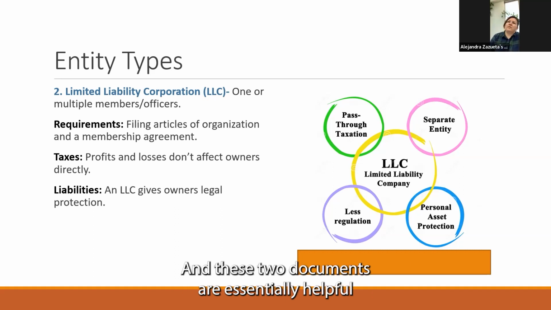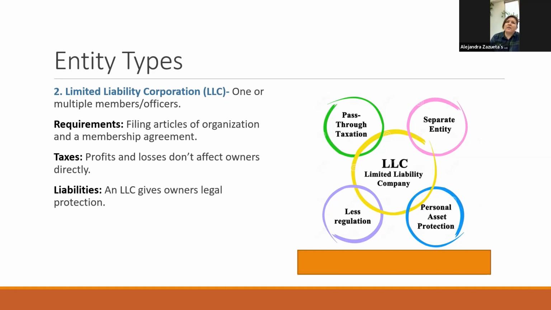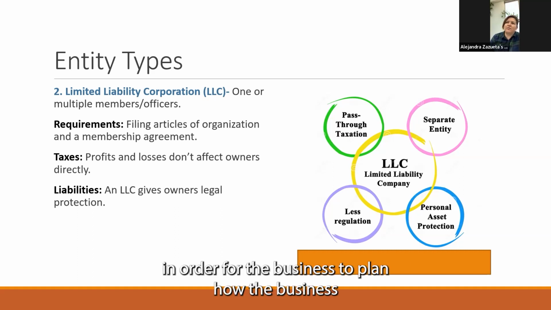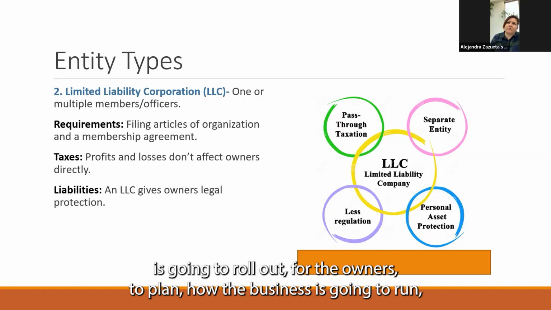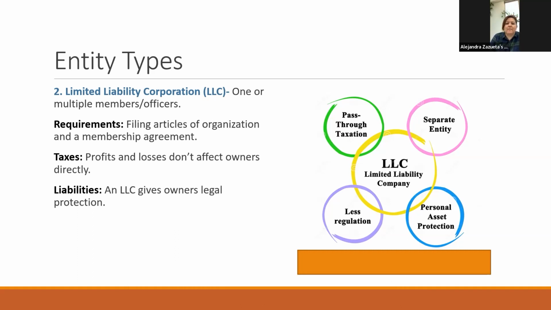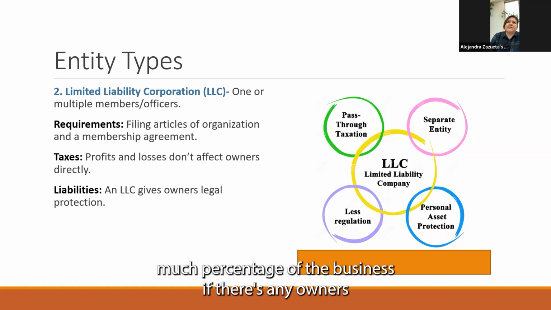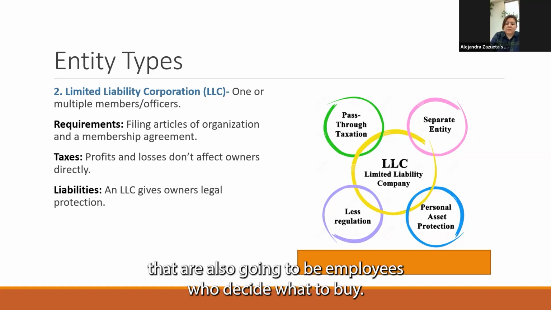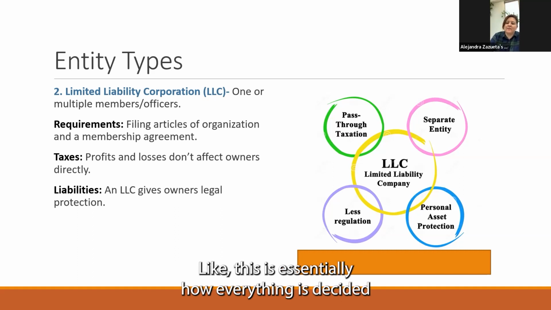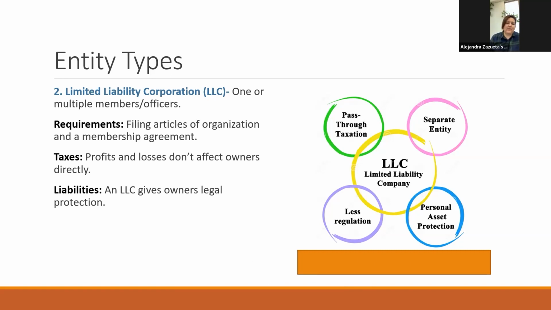These two documents are helpful for the owners to plan how the business is going to run, who has what percentage of the business, if any owners are also going to be employees, and who decides what to buy. This is essentially how everything is decided.